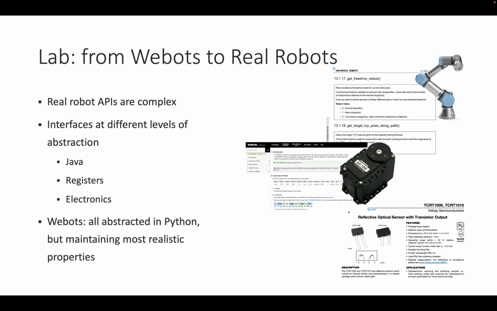You can program the robot in Java. The Robotis motor is programmed by setting a bunch of registers, so it's very low level already. And a sensor for distance measurements is really interfaced at the level of electronics. Now in V-Bots, all of these are well abstracted in Python, but do maintain the properties that they have in real life.